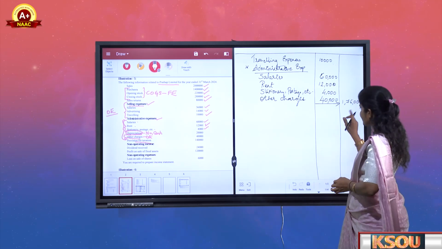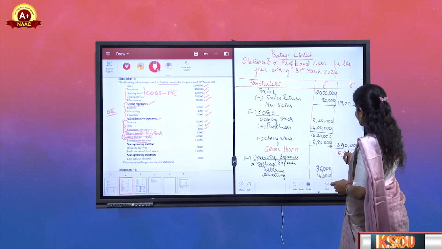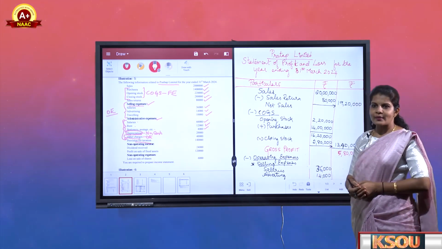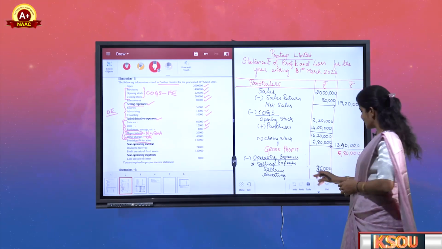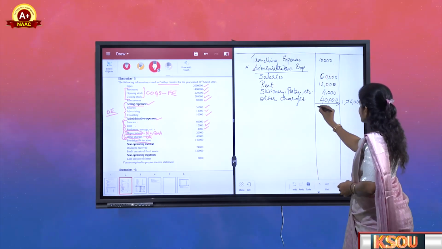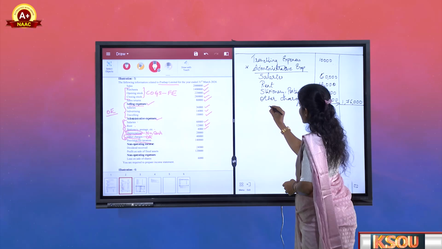Let us deduct this 1,76,000 from the gross profit of 5,80,000. So 5,80,000 minus 1,76,000 is called EBITDA.